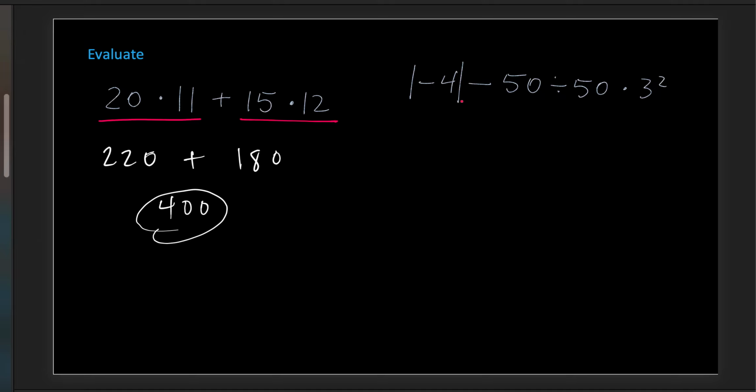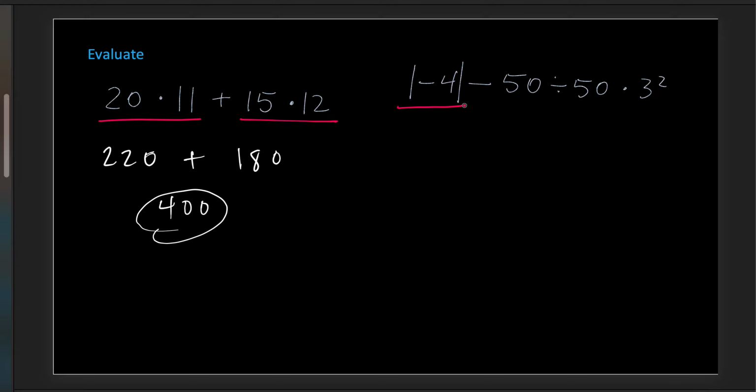Now for this expression, we have the absolute value of negative 4 minus 50 divided by 50 times 3 squared. So what do we do first? Remember, parentheses first. We don't really have parentheses, but absolute value signs can be considered as parentheses.